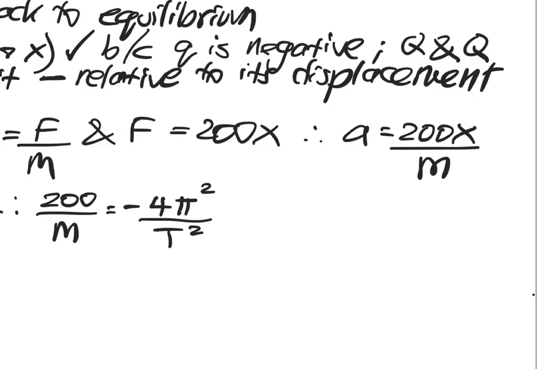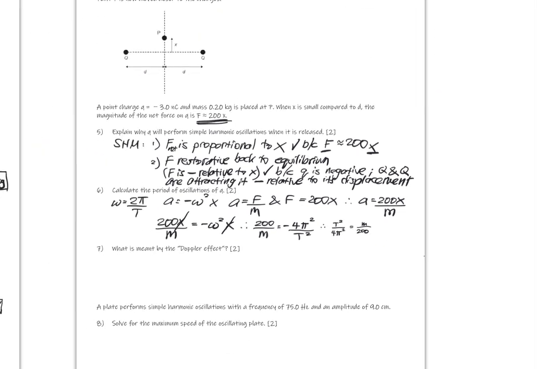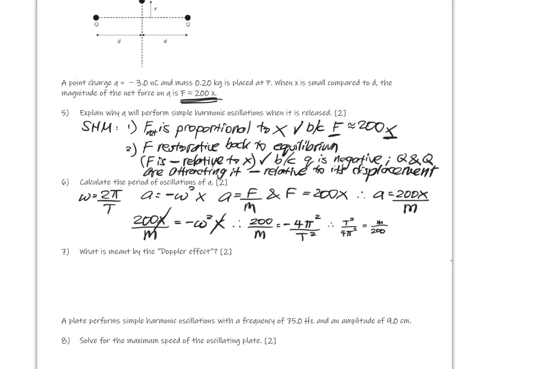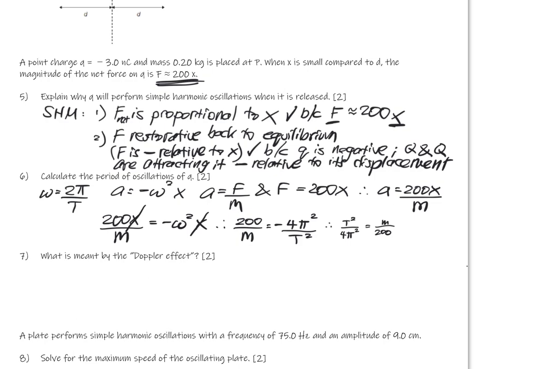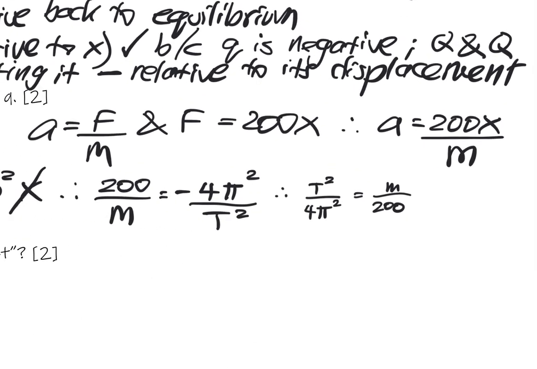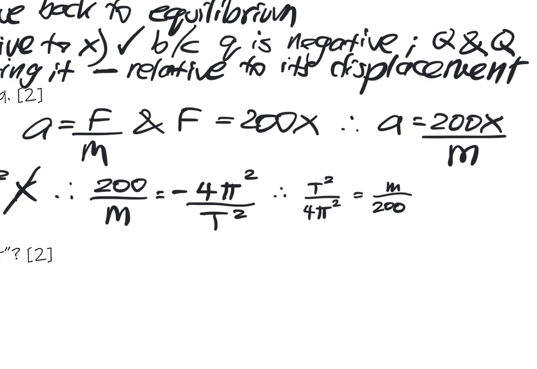I'm going to get rid of the negative on the a equals negative omega squared x because I think the negative is included in F equals 200x. And also, if I don't get rid of the negative, I'm going to have to take the square root of a negative, and I know that these solutions don't involve complex numbers.